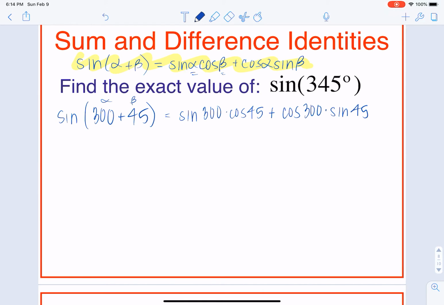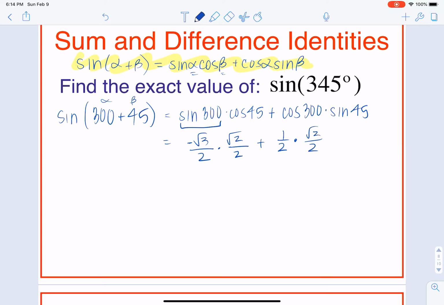And using my unit circle, I can evaluate. Sine of 300 is negative square root of 3 over 2 times cosine of 45, which is root 2 over 2, plus cosine of 300 is 1/2 times sine of 45, which is square root of 2 over 2.